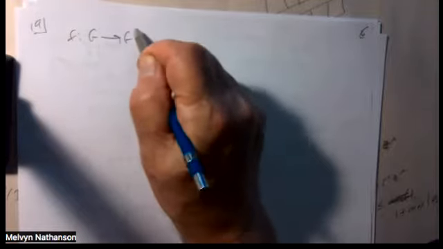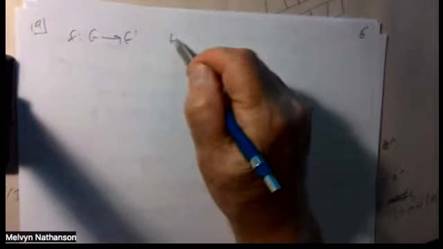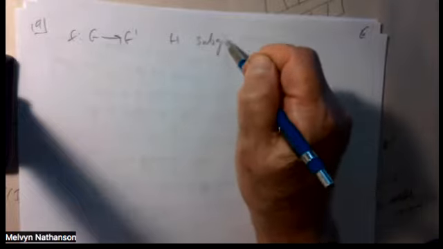So we have a homomorphism f from a group G to a group G prime, and H is a subgroup of G. We want to show that the image of H is a subgroup of G prime.